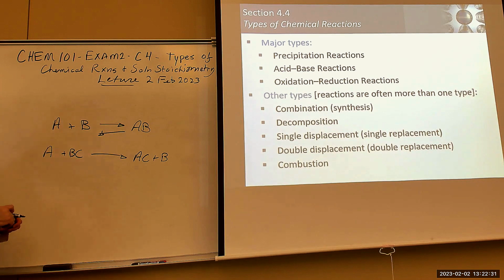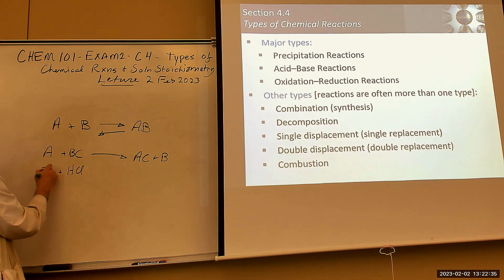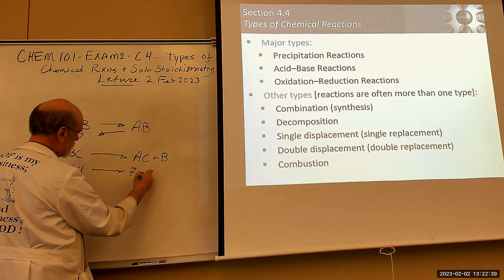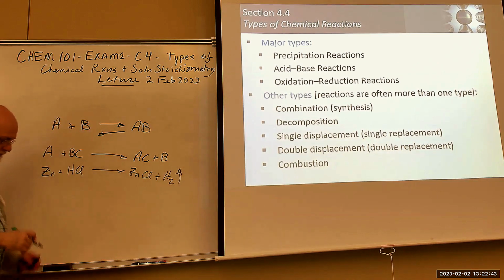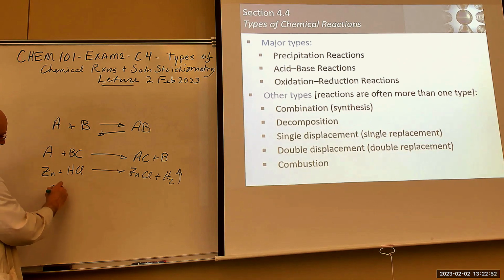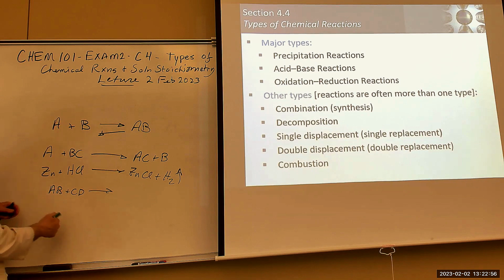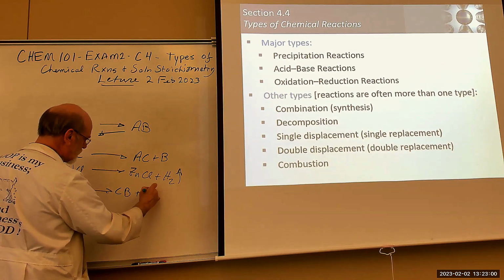Example: this is hydrochloric acid, and you put zinc in it. You're going to have zinc chloride plus hydrogen gas. Double displacement or double replacement reaction: that's where you have an AB and a CD, and they just swap partners. So this would be CB plus AD.